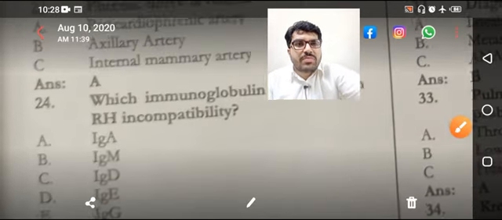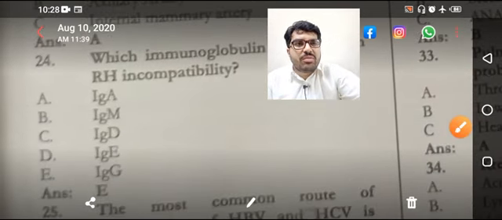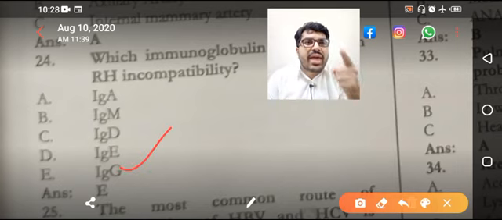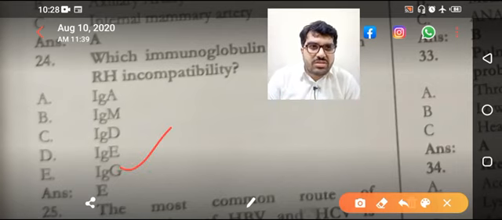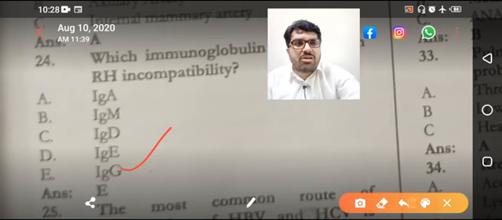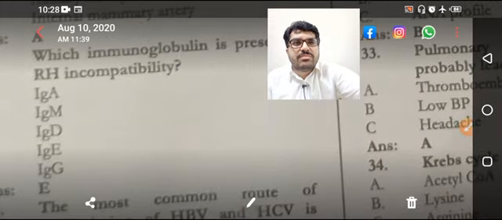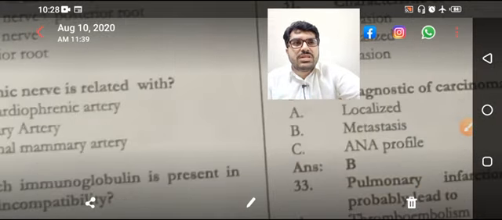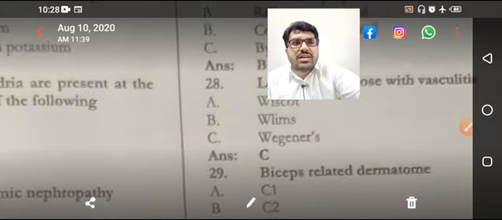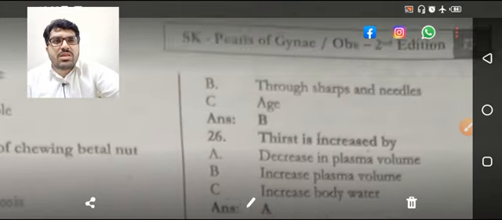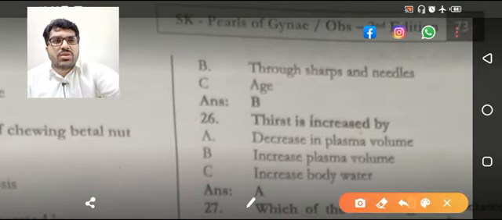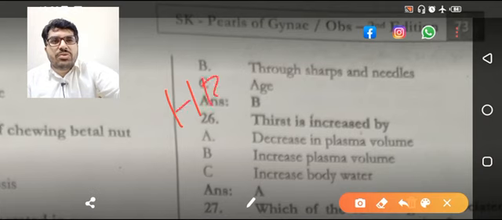Pericardiophrenic artery. Which immunoglobulin in Rh incompatibility? The answer is IgG. Why? Because it is the only immunoglobulin that crosses the placenta and causes Rh incompatibility. The most common source of transmission of HBV and HCV is through needles. For HBV, what is the most common transmission?